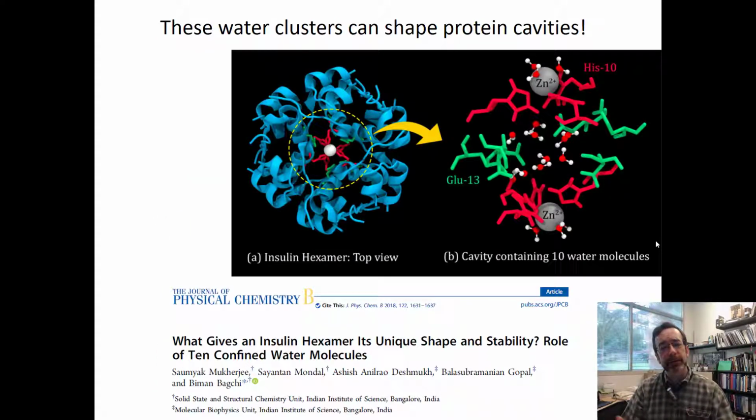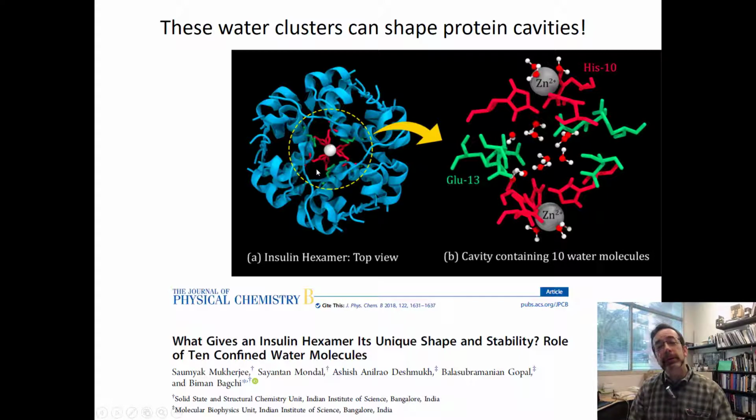If you look inside insulin, here's a picture of the structure of insulin. Remember, insulin is a short, small protein with a number of protein chains, and it's held together by zinc. And if you look in the middle of it, there appear to be some gaps in the insulin structure around here.